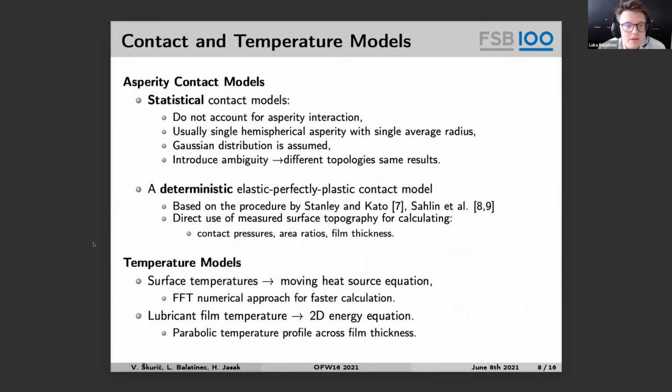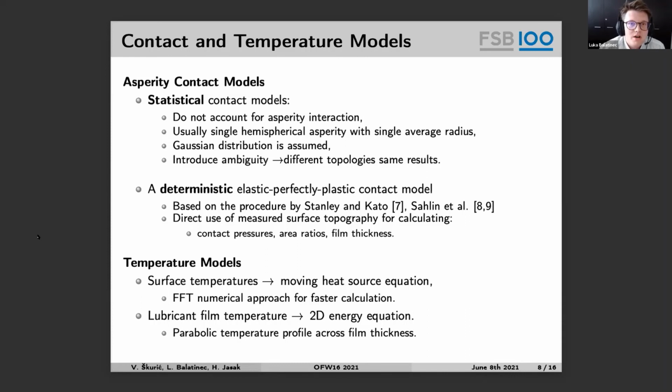We already know that usually there are two types of asperity contact models used. First, we have the statistical contact models, which do not take into account asperity interaction. They are usually based on a single hemispherical asperity with a single average radius, and usually assume a Gaussian distribution. This means that they could be problematic, as different topologies tend to produce the same results.